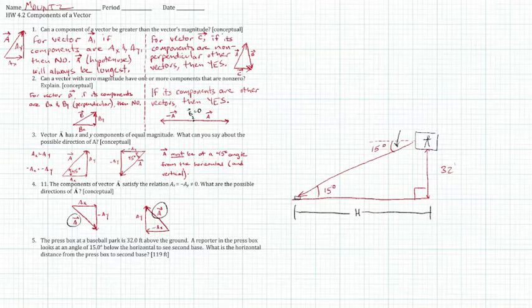Well, let's take a look at our trig functions here. If you recall SOHCAHTOA, that means sine of an angle is opposite over hypotenuse. The cosine of an angle is adjacent over the hypotenuse.